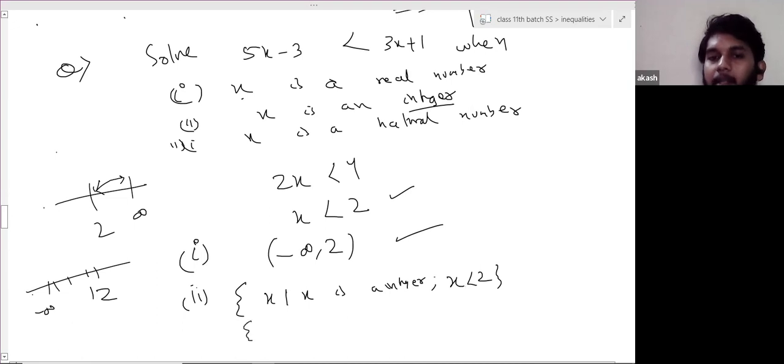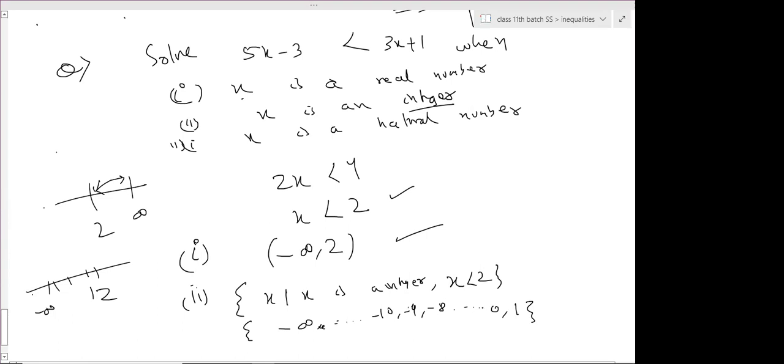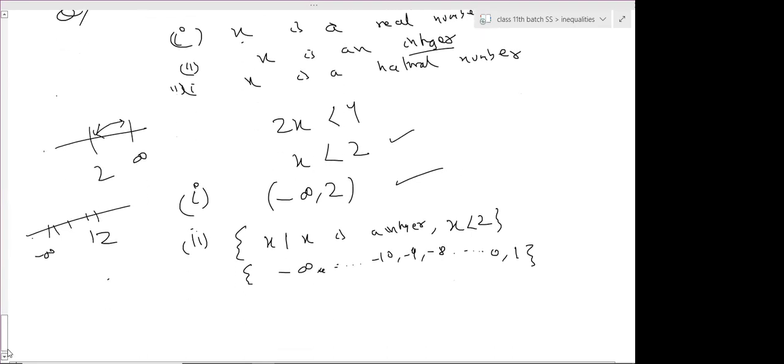Otherwise, you can simply write minus infinity, comma, dot, dot, dot, minus 10, minus 9, minus 8, dot, dot, dot, 0, 1. They can understand this. Iram, is this clear? Yes.